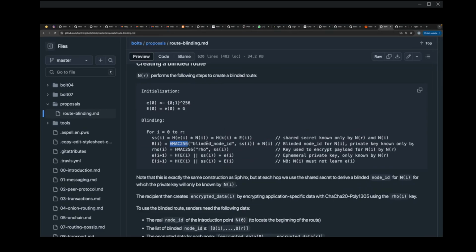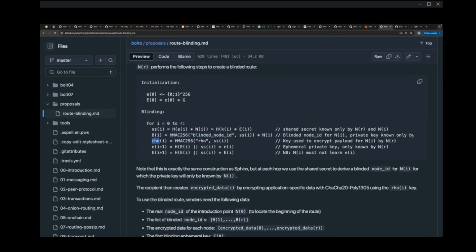So you create a key using the data called blinded node ID. You can just consider it as a password here, for this secret key. So you generate a secret key again, and you multiply it with your node ID. So you get your blinded node ID, which would be used in the blinded route.